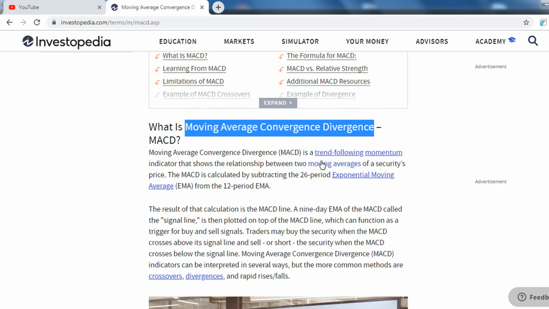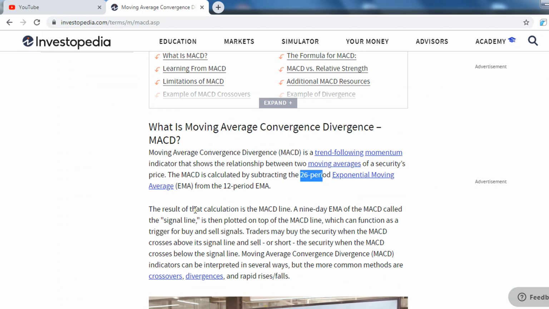It's a trend following momentum indicator that shows the relationship between moving averages of a security's price. The MACD is calculated by subtracting the 26 period exponential moving average from the 12 period moving average. The result of that calculation is the MACD line. A 9-day EMA of the MACD, called the signal line, is then plotted on top of the MACD line, which can function as a trigger for buy or sell signals.